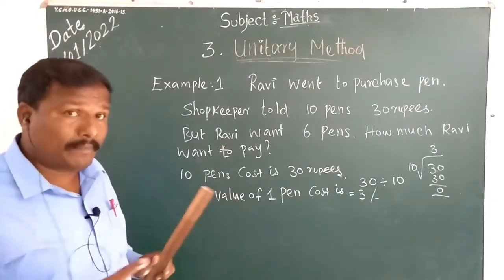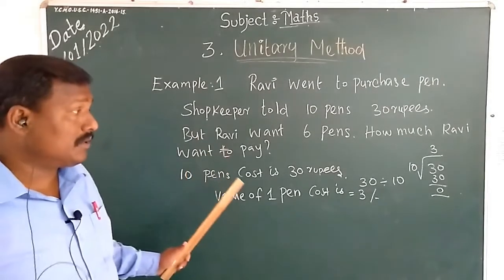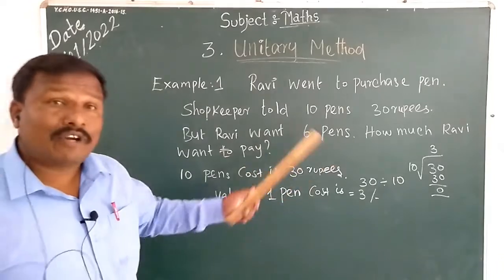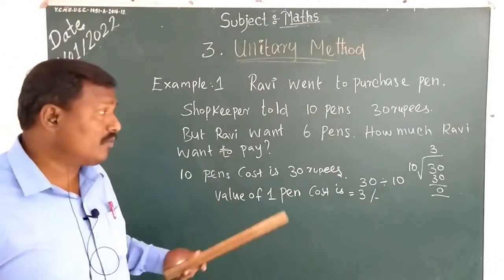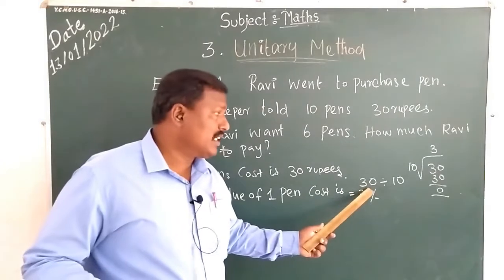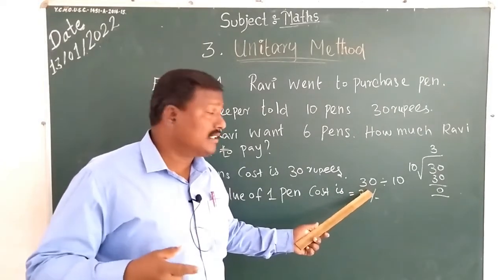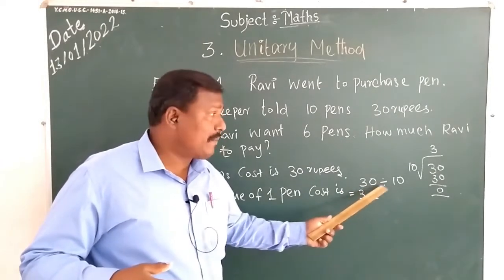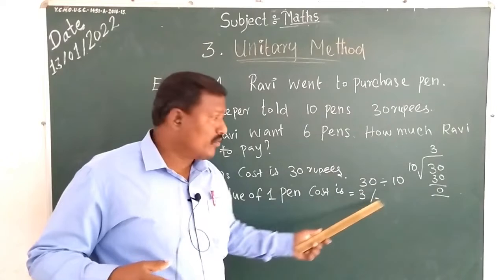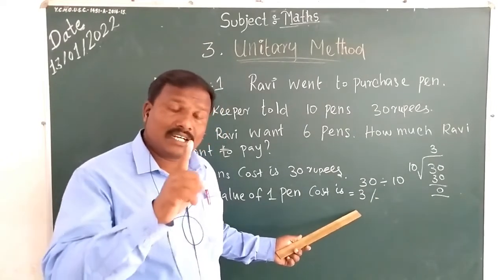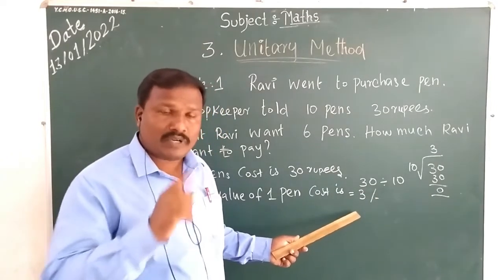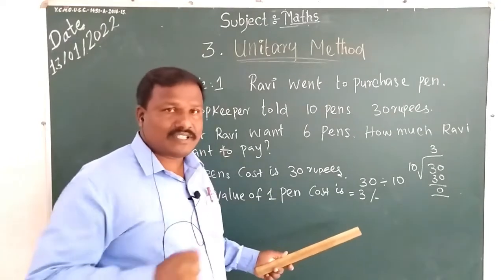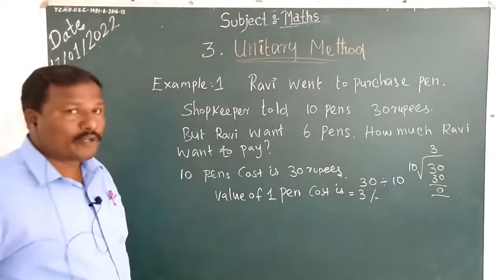We will help him. For that he wants to find the value of one pen, so we do division: 30 rupees divided by 10 pens. We got 3, which is the one pen value. 1 pen cost is 3 rupees.